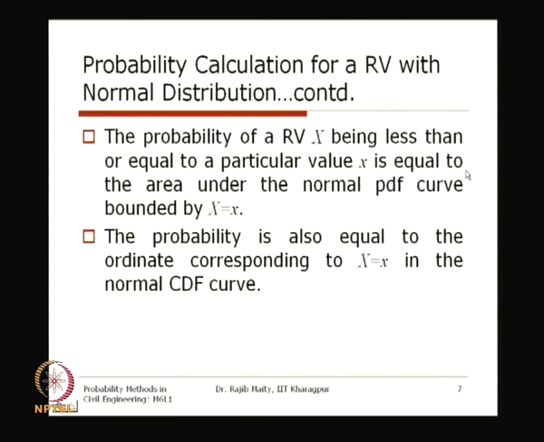So, the probability of a random variable x being less than or equal to a specific value x is equal to the area under the normal PDF curve bounded by x equals that specific value, and the probability is also equal to the ordinate corresponding to x equals this x in the normal CDF curve. So, what is meant is that this is the total area that we are talking about from this integration.